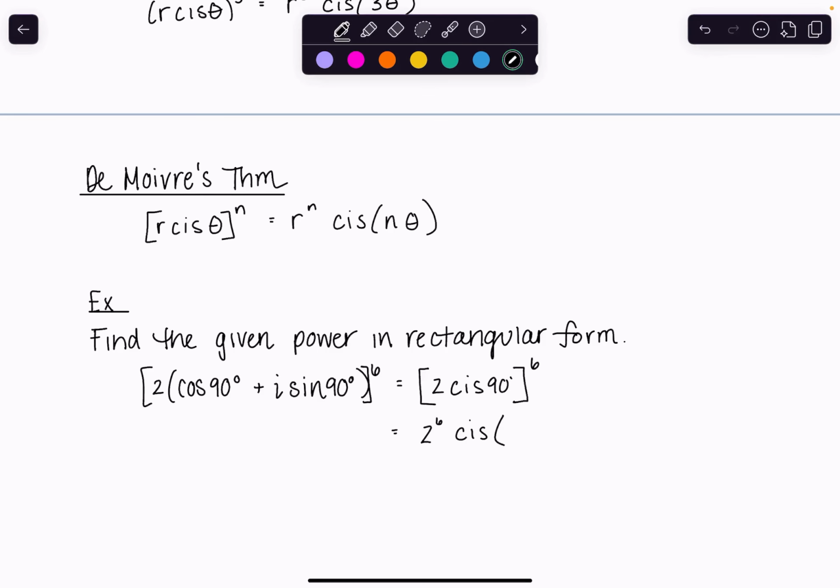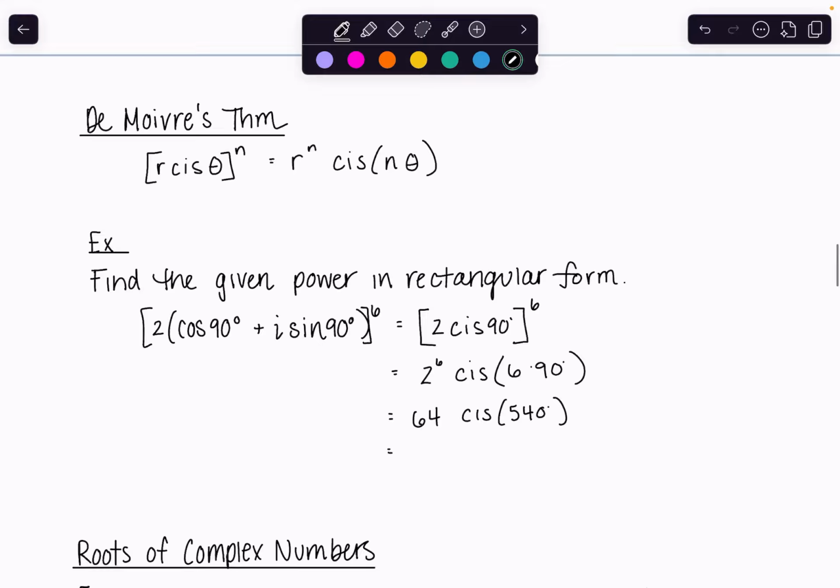And then we have cis of 6 times 90 degrees. Okay. So 2 to the 6th is going to be 64, and then we're really finding cis of 540 degrees. Okay. So really that's 64 cosine of 540 degrees plus 64i sine of 540 degrees.